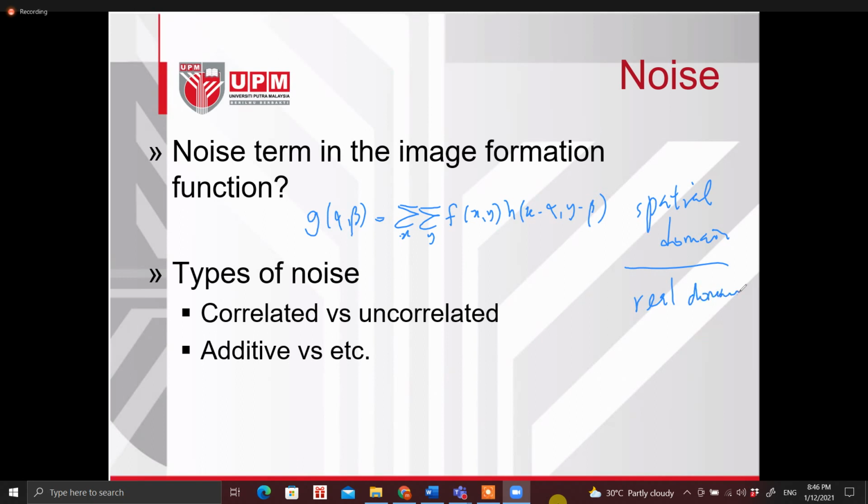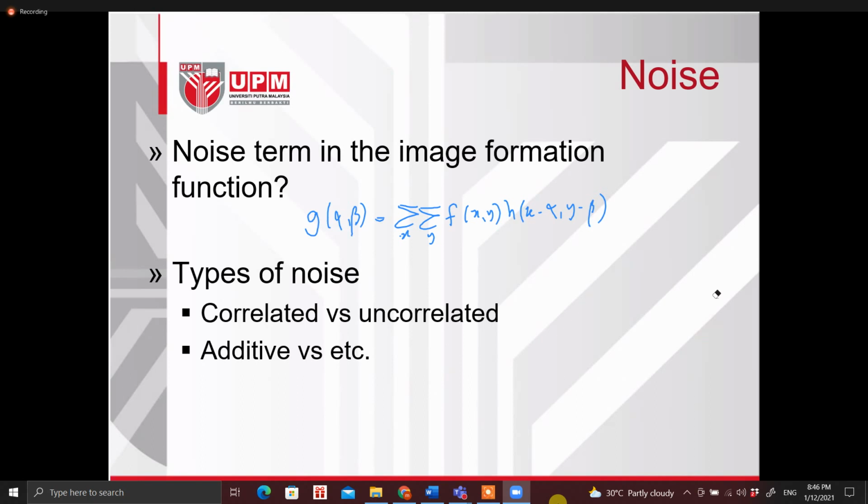In this original image formation function, there is no noise term. We only discuss how a point from the input image is spread. But as I mentioned, the degradation process of an image is due to number one, point spread function, and number two, noise.